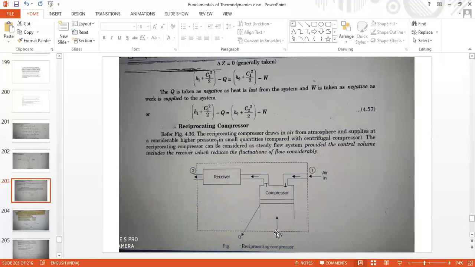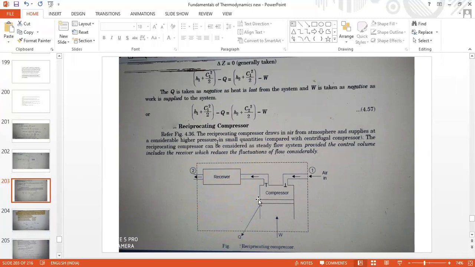And of course, W is a fixed one, that is, there will be a definite input of power to the compressor. In that way, the compressor requires power.